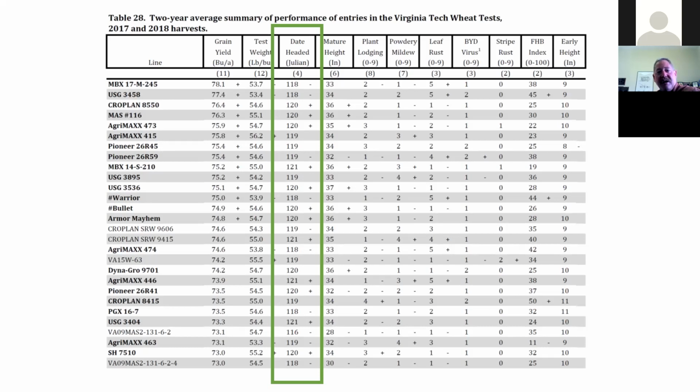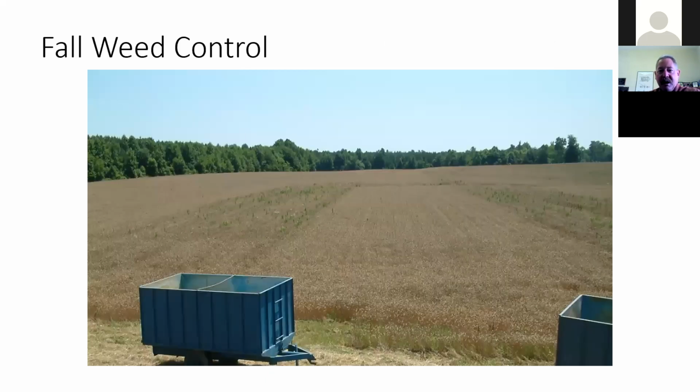I've highlighted our heading date here to give you an idea that within the lines that will be successful in Virginia, we've had about a week's difference in maturity from the earliest to the latest. So we do have some choices there to spread out maturity and thus harvest date, because consistently one of the biggest issues is getting all the small grain harvested in a timely manner, without quality losses at harvest time. This is one tool we can absolutely use. We get some early stuff in the mix, some later stuff in the mix, and that way the crop isn't all ready at exactly the same time.